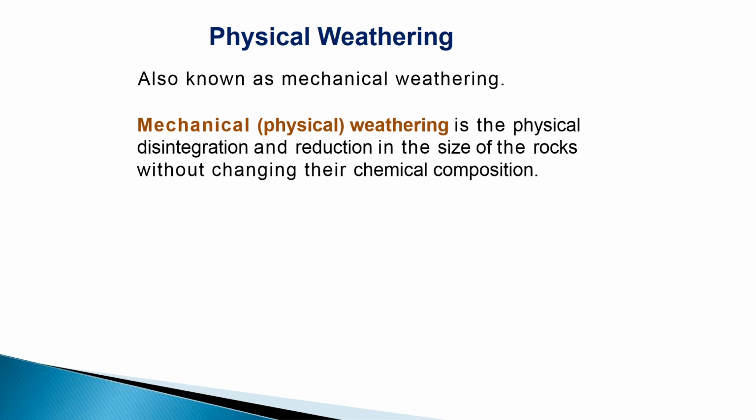So mechanical weathering is a physical disintegration and reduction in the size of rocks without changing their chemical composition. We have to keep in mind that it is without changing their chemical composition, because if it includes a change in the chemical composition, this will take us to another type of weathering.